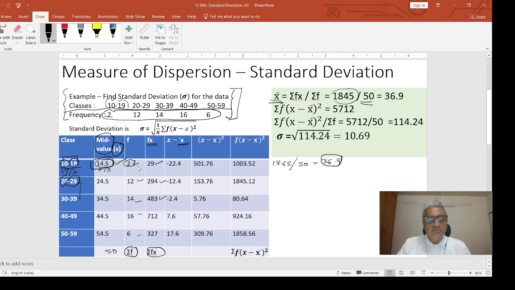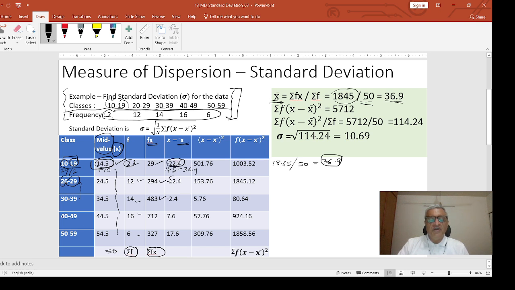Once I get the x bar, I have to take x minus x bar. What is x over here? x is this particular column, all the mid values, and my x bar is 36.9, which is the mean. So 14.5 minus 36.9 gives me minus 22.4.